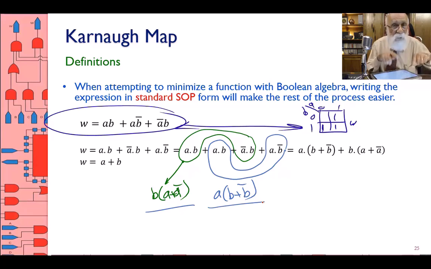Now I'm going to use Boolean algebra again. A or A bar, Boolean algebra tells me, is 1, and therefore this becomes B and 1.